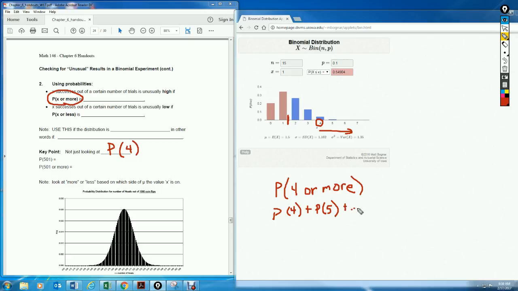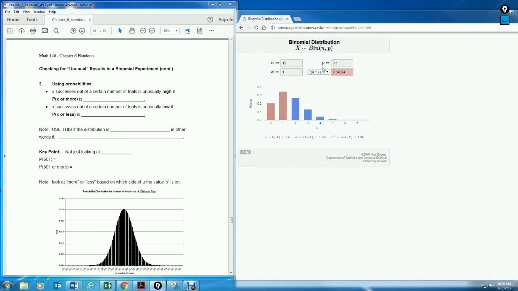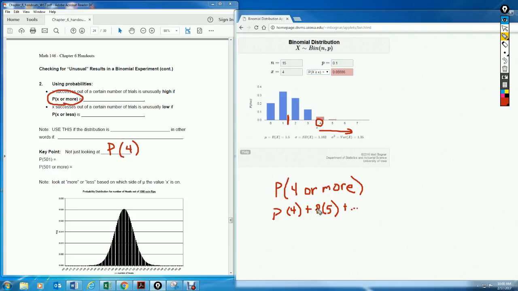But as long as I've already got the distribution pulled up here, I can just put in 4 and get P of 4 or more, which is equal to 0.05556.